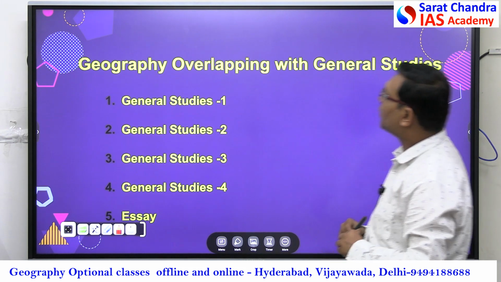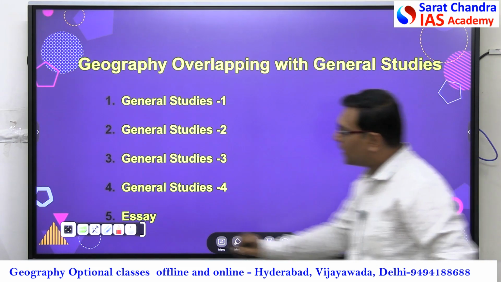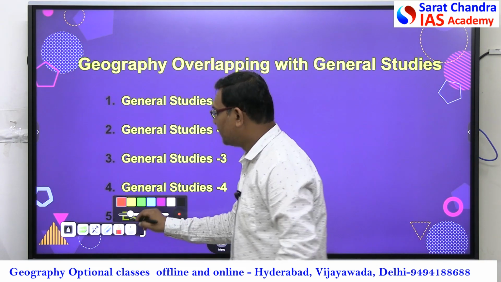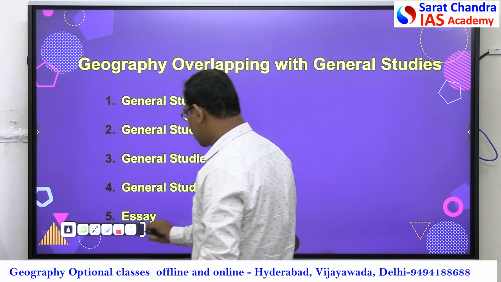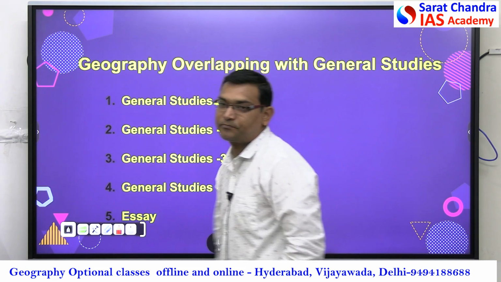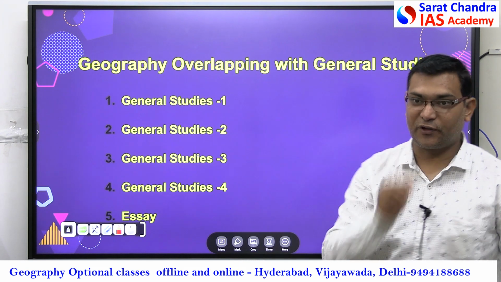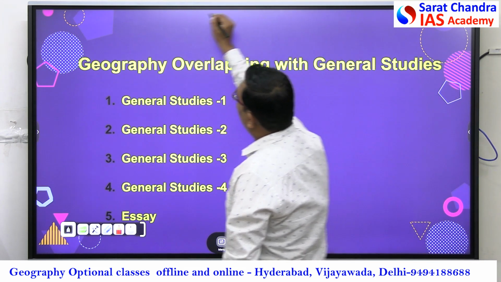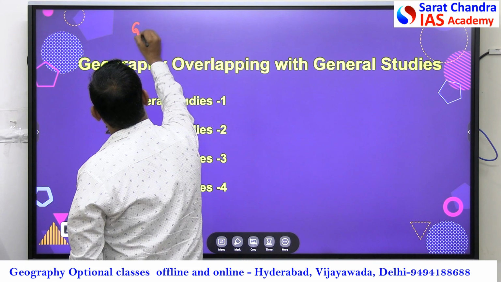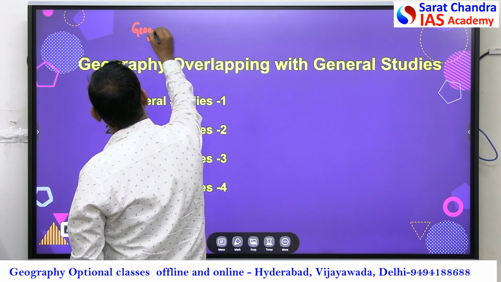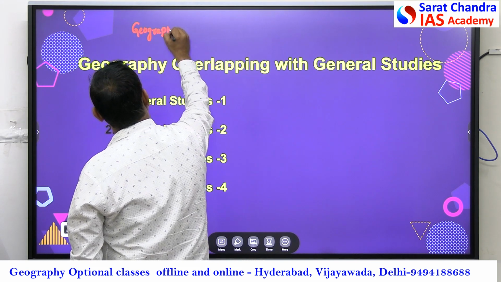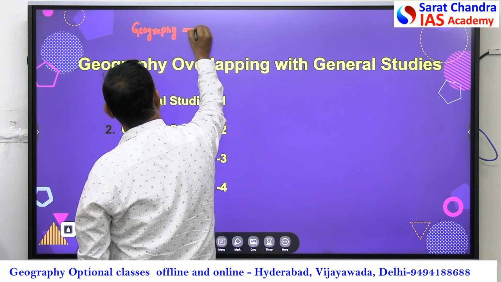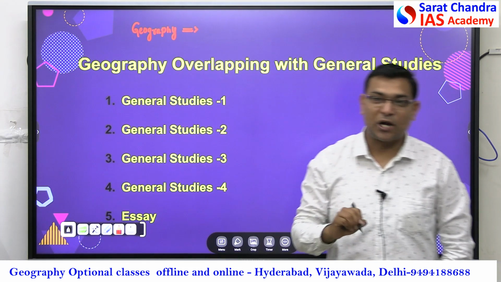Now, first one. See, the geography optional will be overlapping with the GS. How much does it overlap? First of all, the geography optional. Do you think that this is harder?